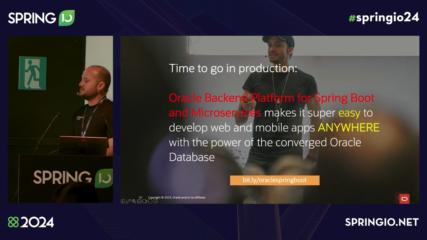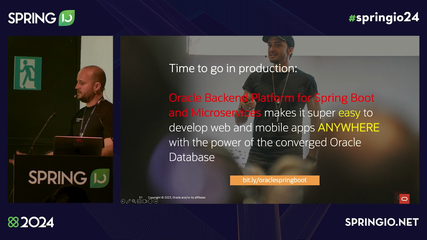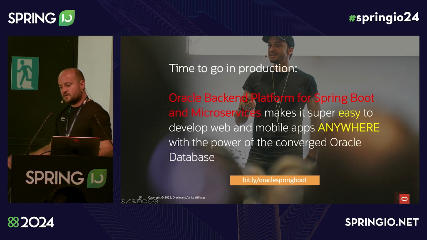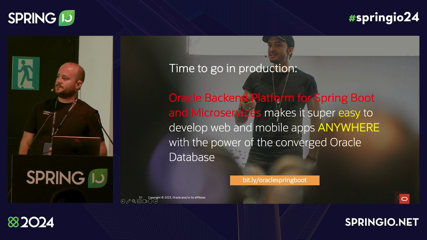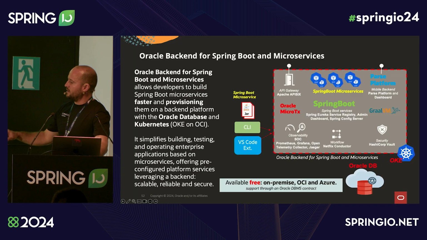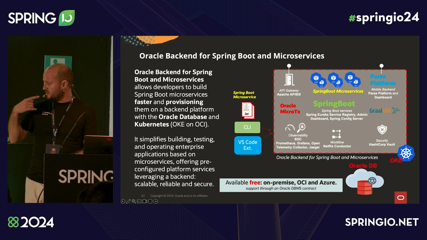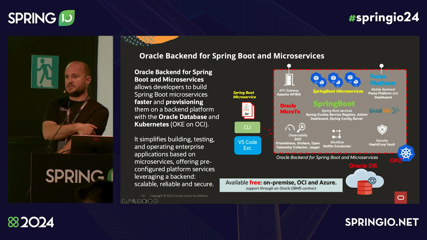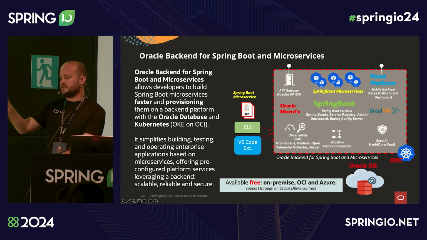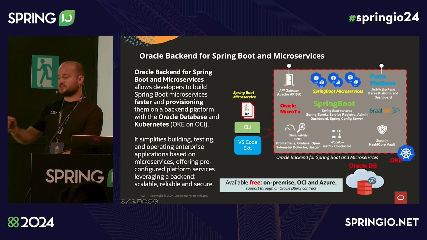Time to go to production, and that is why Oracle is in this conference: we released very recently a production-ready Oracle backend platform for Spring Boot applications. So it works on-premise, on Oracle Cloud. It works on Azure. Even if you are using Azure and you want an Oracle database, you can use the Oracle database at Azure.